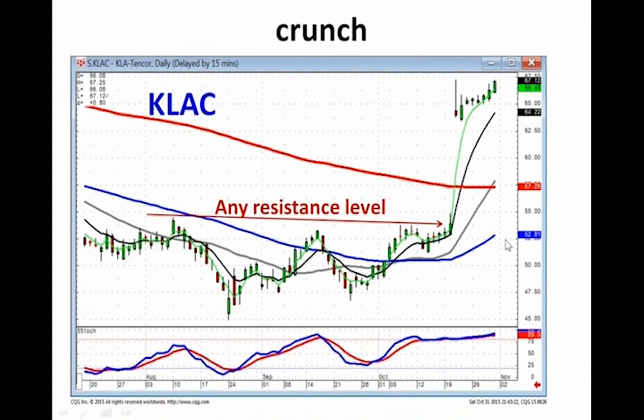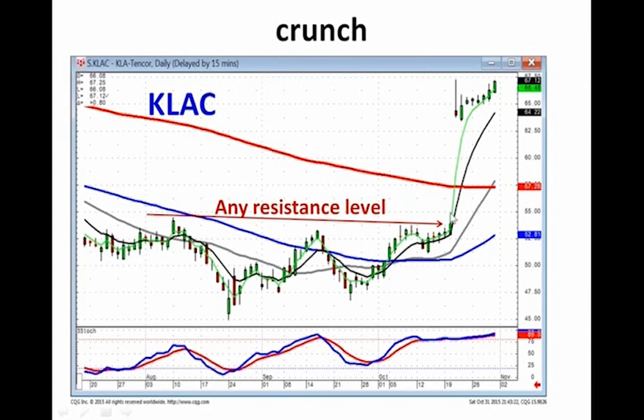So the resistance level doesn't necessarily have to be a moving average. All it has to do is be a resistance level that you can see. And that's once again the benefit of candlestick analysis: whatever you're looking at, whether it's a Fibonacci number, a trend line, a moving average, anything that everybody else is watching, we have the benefit of seeing what they're doing at that level.